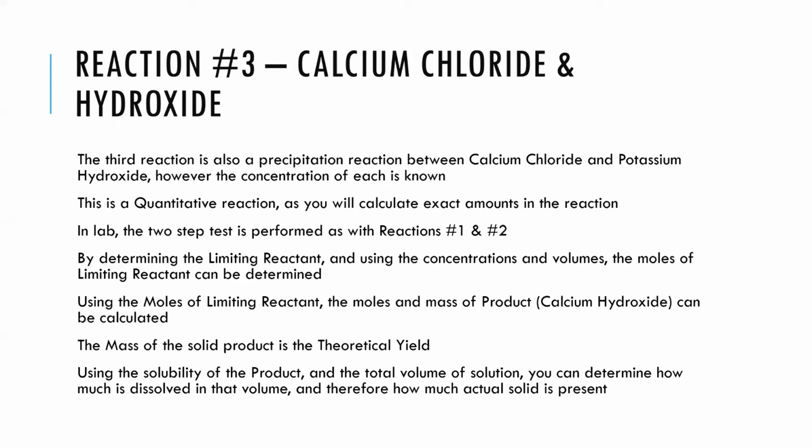Look at the units of what the solubility is for calcium hydroxide and determine how much of that calcium hydroxide could dissolve in your setup, and you would be subtracting that from the total maximum amount of solid itself, that theoretical yield.